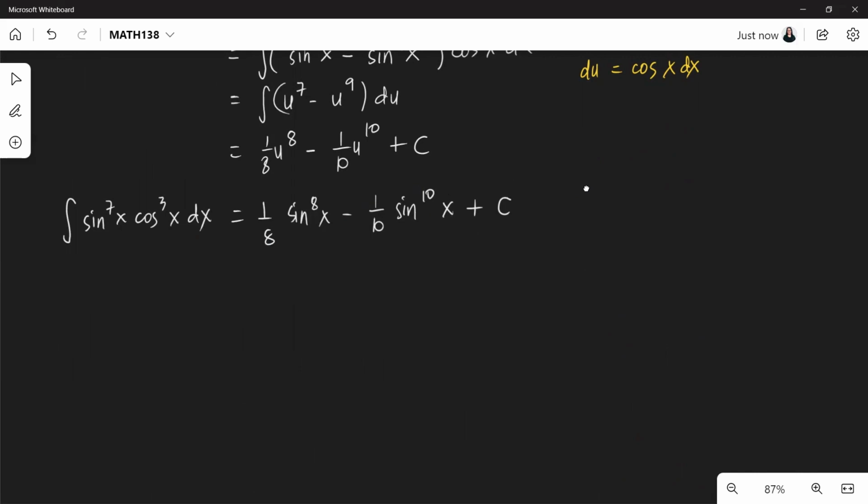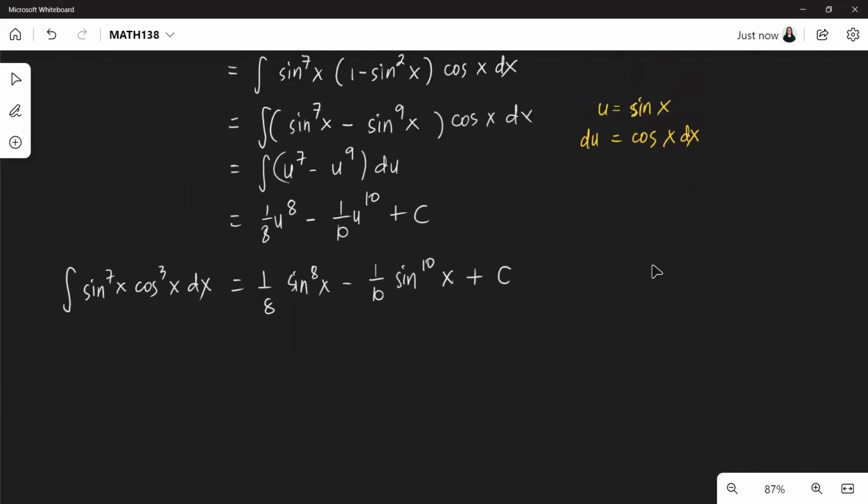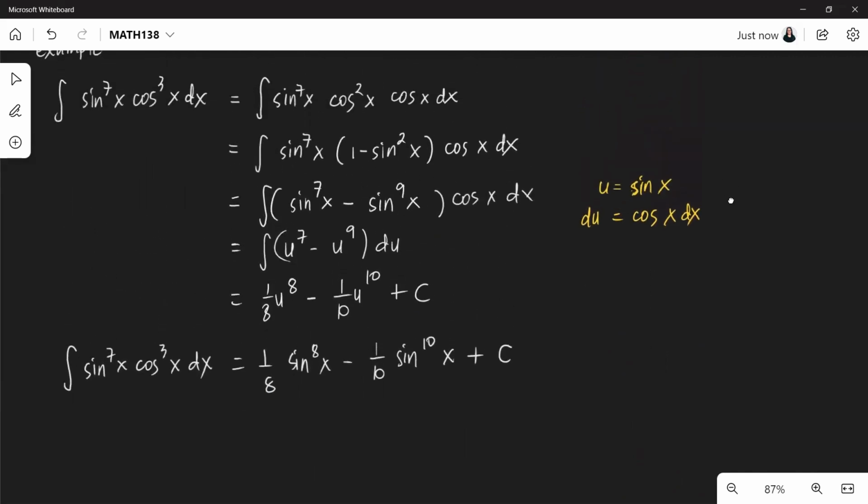So basically, that's the same result using different cases. It's a technique, so you have to select a method wherein your solution is shorter. This, of course, is shorter. Instead of getting the cube of the sine function, it's too time consuming.